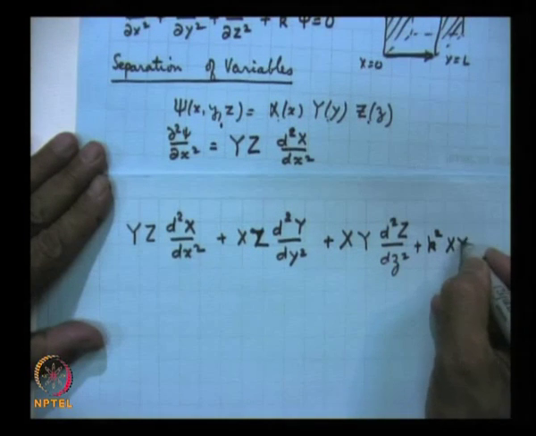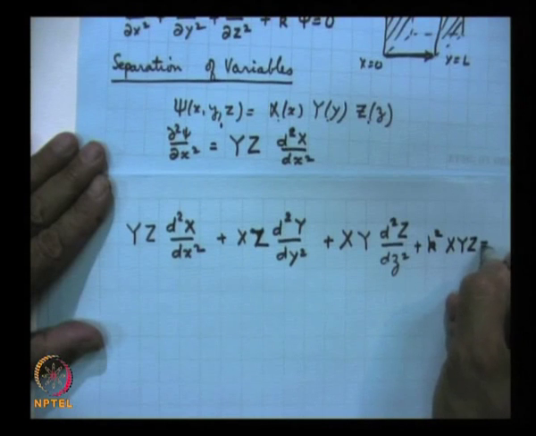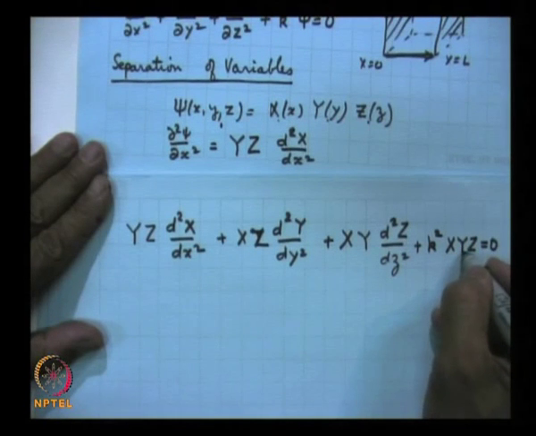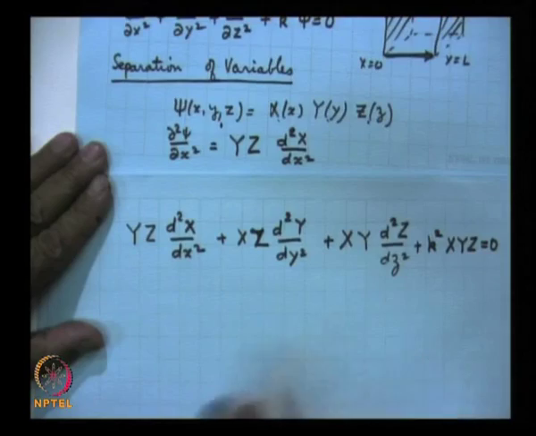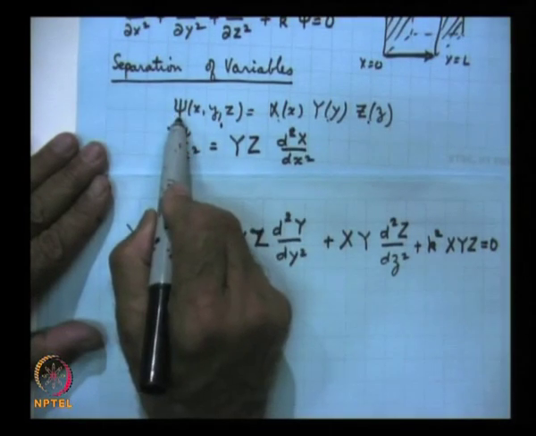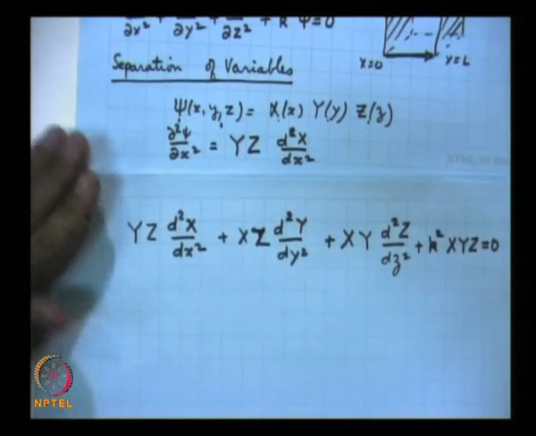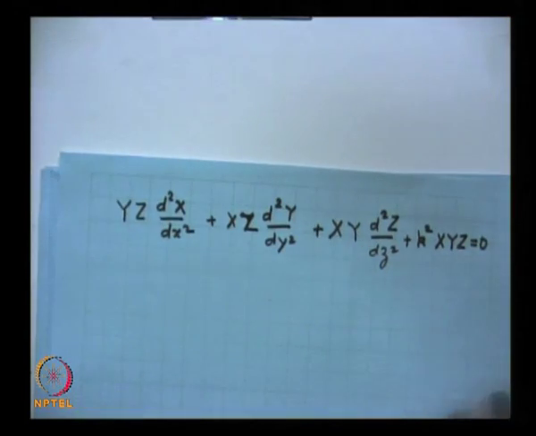Psi is X Y Z, X as a function of x, Y as a function of y and Z as a function of z. So, I substituted this solution in this equation and I obtained this.